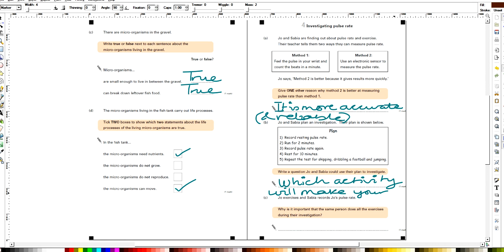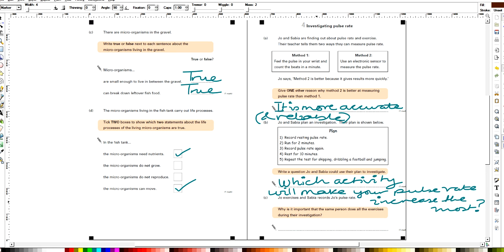Right, so we said which activity, the question could be: which activity will make your pulse rate increase the most? That could be the question.